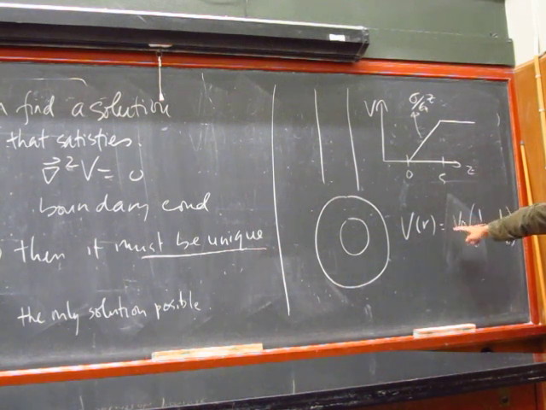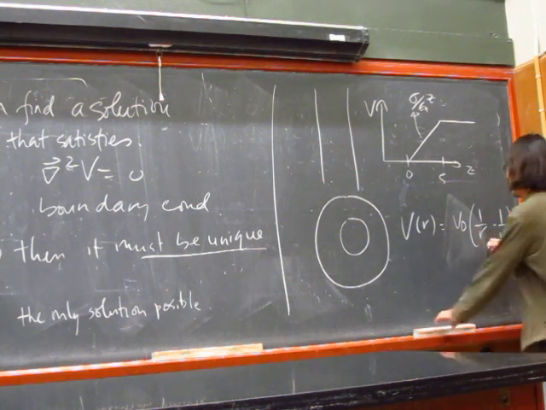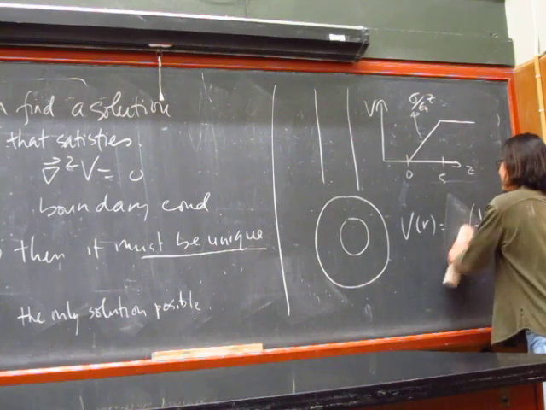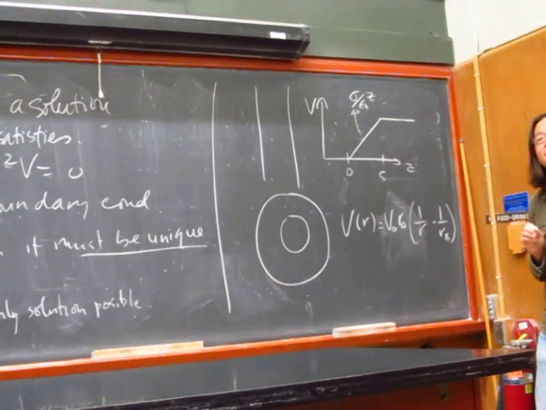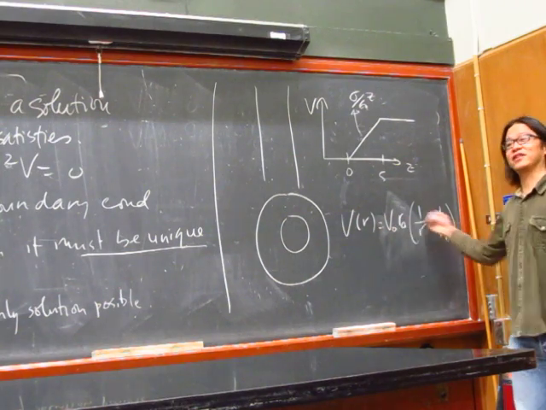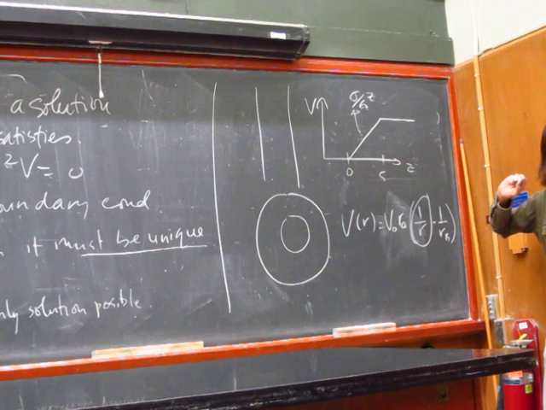I already said don't get your units wrong, but I'm doing the units wrong here, so this thing has to be normalized by some RA or something, just to get the units right. But the dependence is 1 over R.